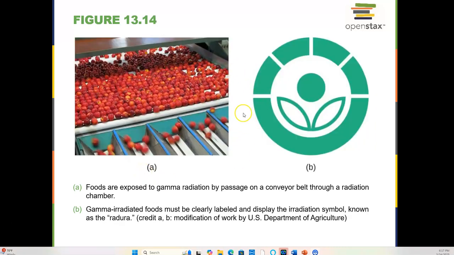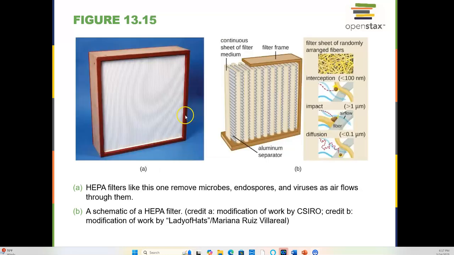So foods can be exposed to gamma radiation on a conveyor belt, and that's what this looks like. This is the irradiation symbol. And that makes the food safe. HEPA filters are going to remove microbes, endospores, and viruses depending on the size of the filter.